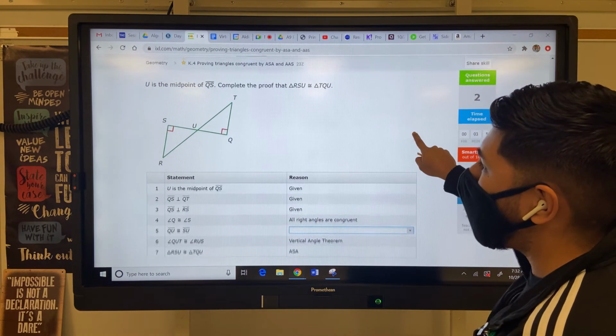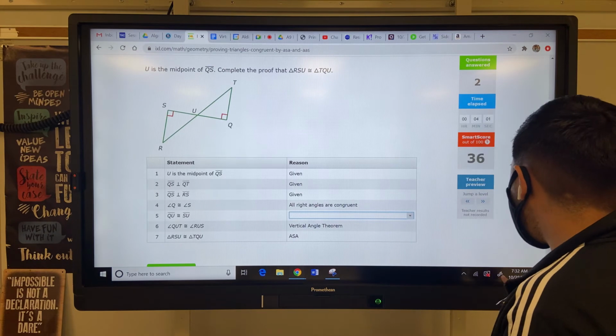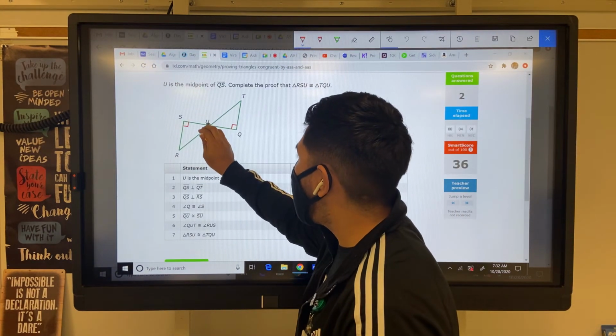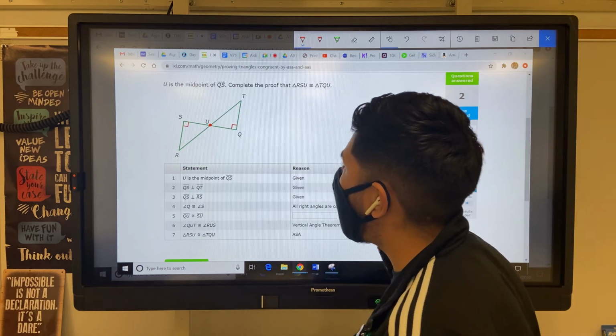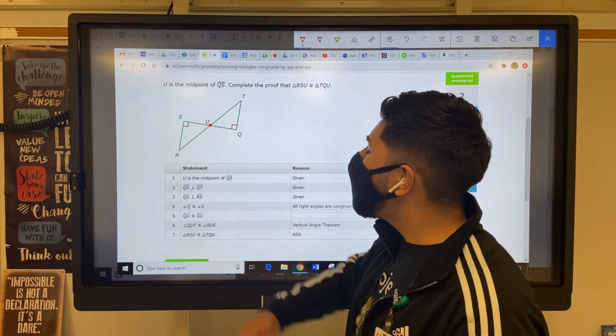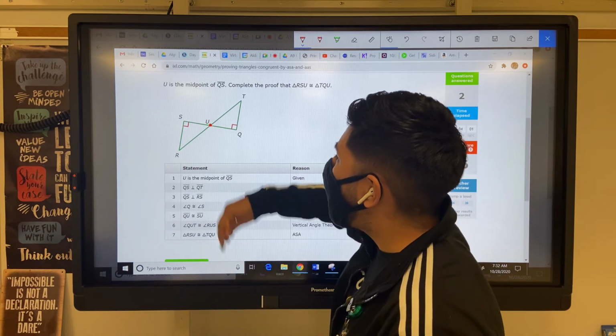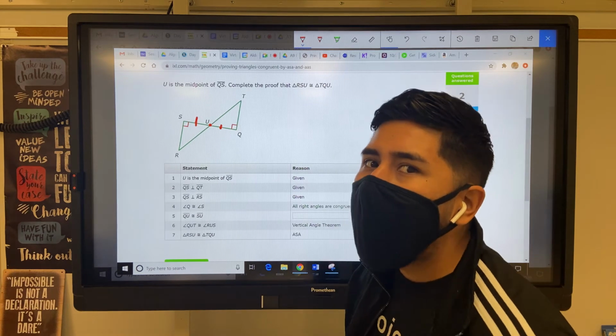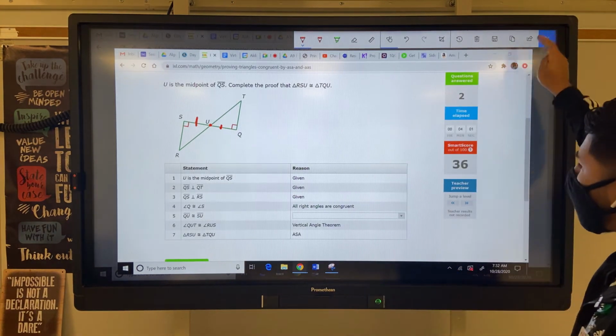There you go. So the given is saying that U is the midpoint of SQ. So because that's the midpoint of SQ, that is basically telling me that this must be the same because it's cut in half because it's the midpoint.